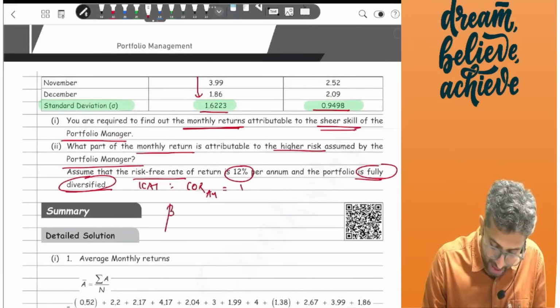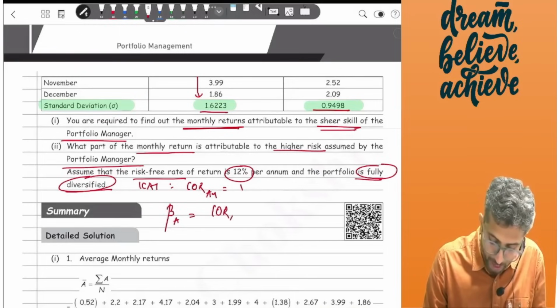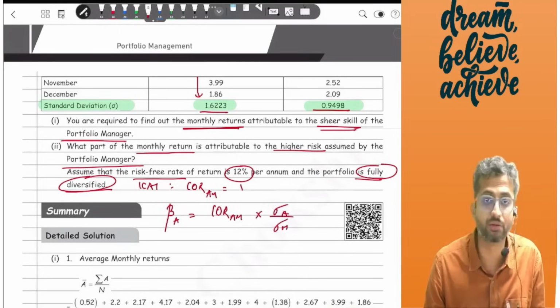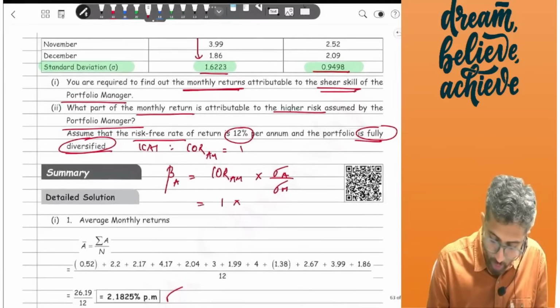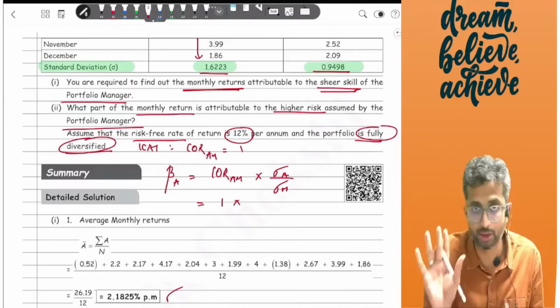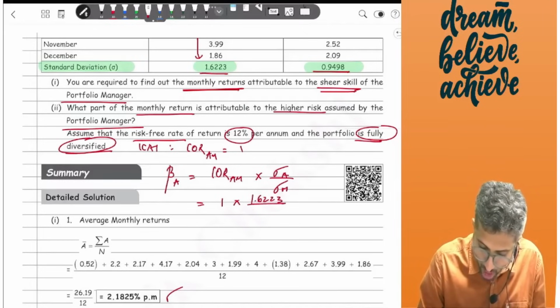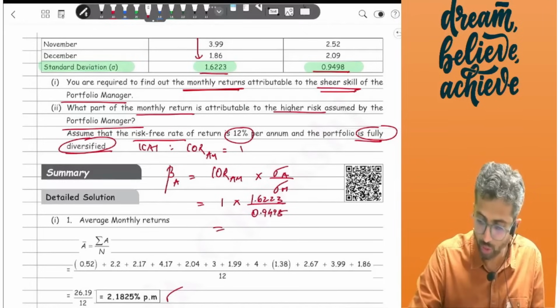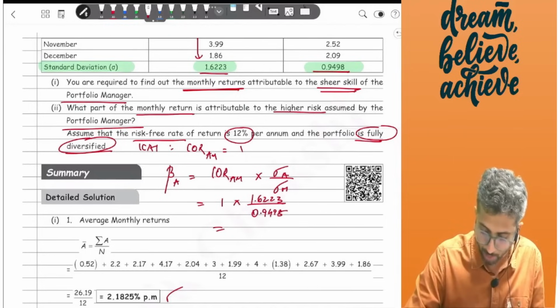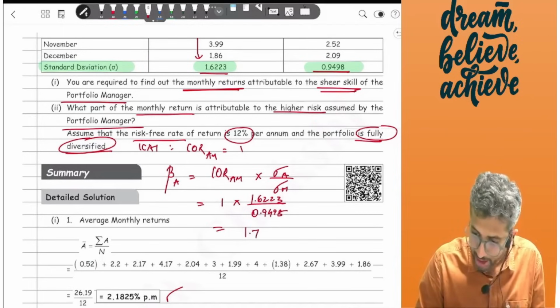So considering that assumption, if I were to find the beta of portfolio A, that is the correlation of A to the market, which is assumed as 1, into the standard deviation of A upon the standard deviation of the market. If the portfolio is fully diversified, it only bears systematic risk. That is the assumption they have taken. So 1 into 1.6223 upon 0.9498 probably comes to around 1.708.